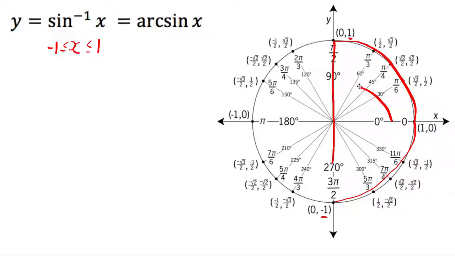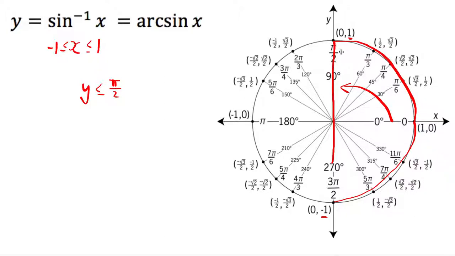And so where do we go from? Well, if I move in this positive direction, then I could get any angle from 0 to pi over 2. Right? So the inverse sine of 1, with 1 being my x value here, gives me an angle of pi over 2. Gives me that output variable y of pi over 2.